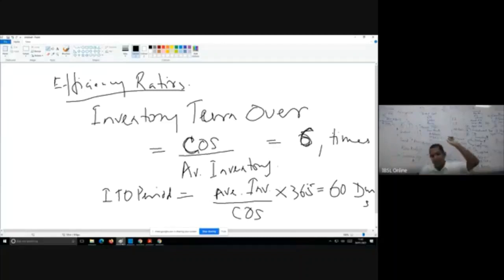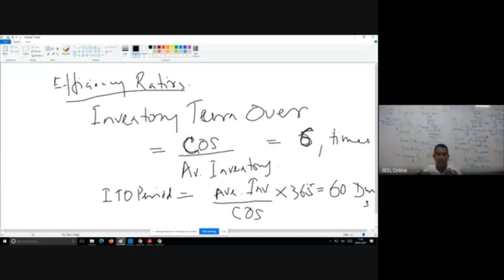Cost of sales comes from the P&L, inventory comes from the balance sheet. Therefore, in order to avoid the timing difference, we take average figures from the balance sheet and the same figures from the P&L. When you do this, your figure comes as 6 times. That means annually you convert your inventory into sales 6 times, right?